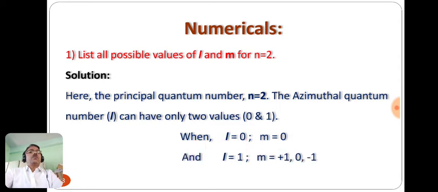When L equals 1, the magnetic quantum number M has 3 values, according to the rule 2L plus 1, and they are +1, 0 and -1. So these are the possible values for L and M for the principal quantum number 2, or when n equals 2.